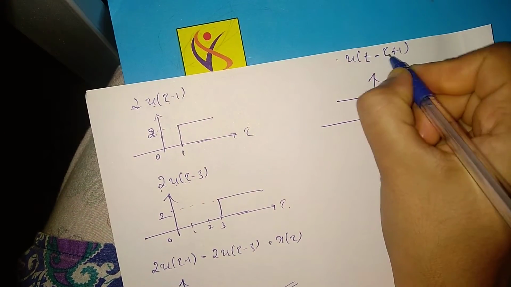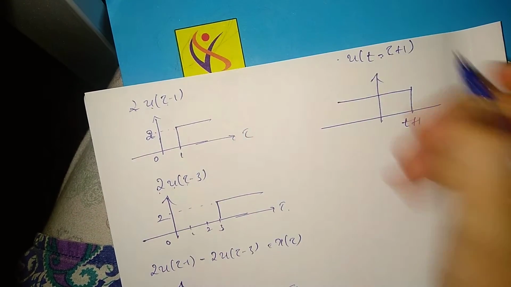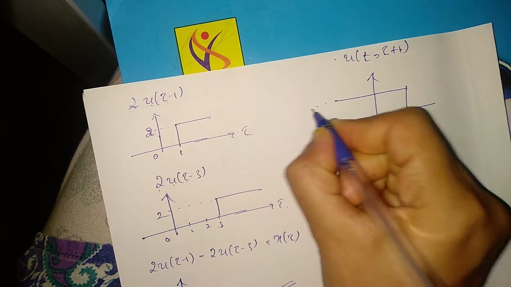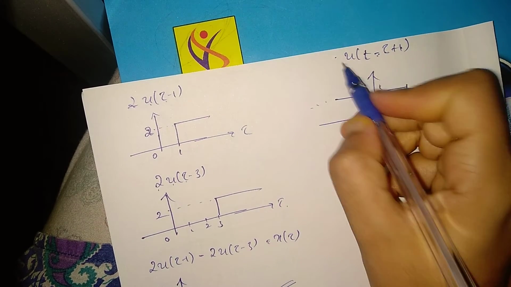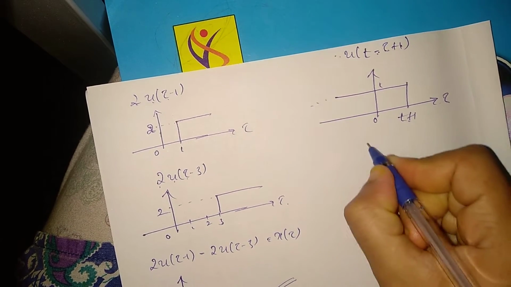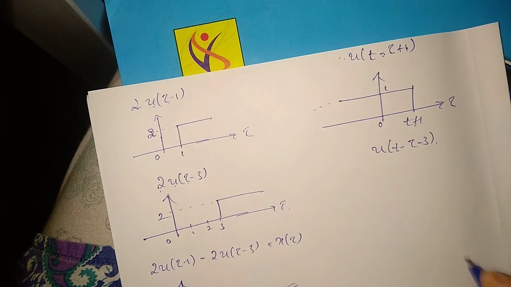See, tau is negative, so we take the waveform to this side. So starting from t plus 1, it continues till infinity with an amplitude 1. So this is tau.